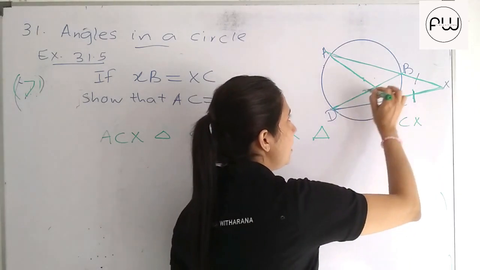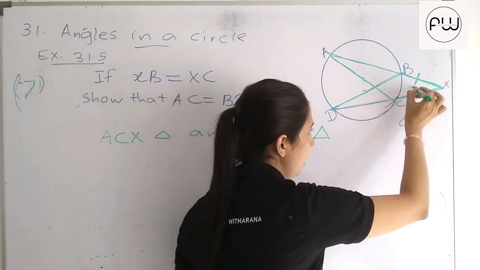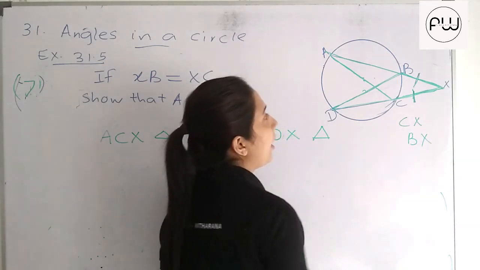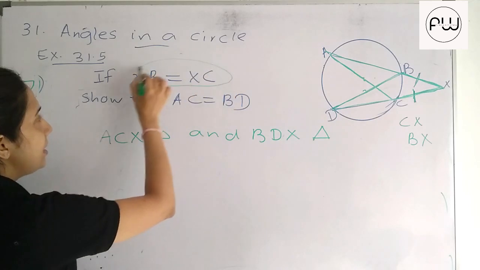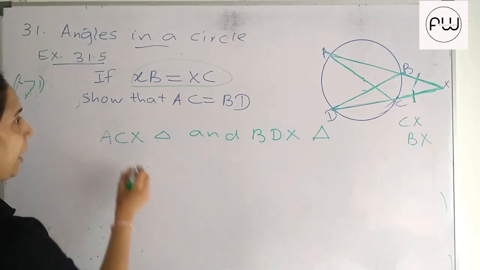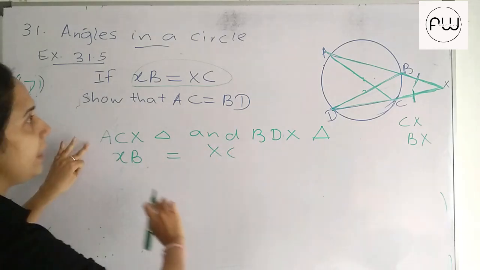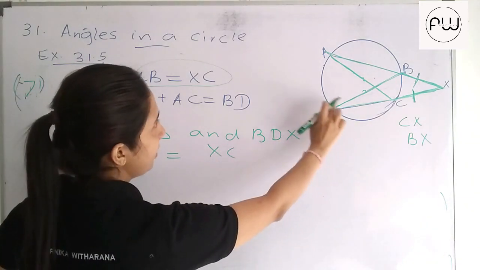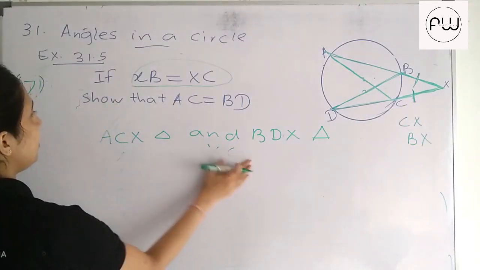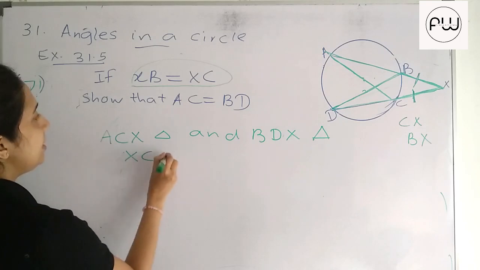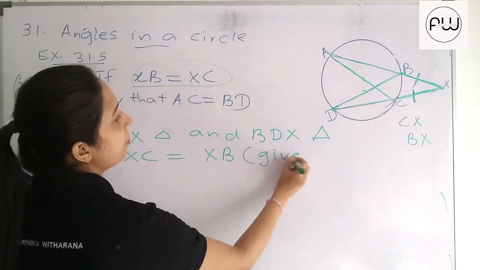And in this triangle, we have the BX side as a side. We are given these two sides are equal. So for the ACX triangle, I can write XC side equal to XB, because it's already given.